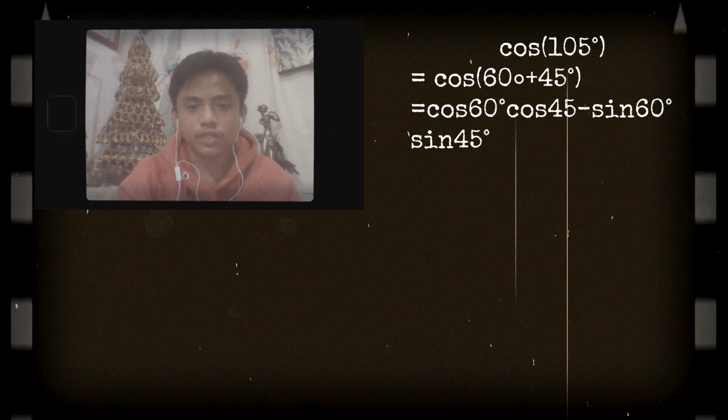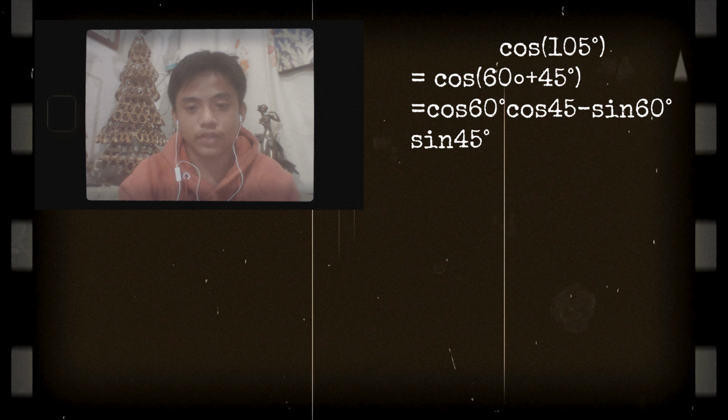Let's first start off with cosine 105 degrees, which could be expanded to cosine 60 degrees plus 45 degrees. Then it becomes cosine 60 degrees times cosine 45 degrees, minus sine 60 degrees times sine 45 degrees. We now need to substitute these standard triangles or known values.